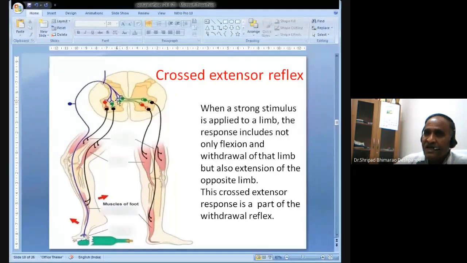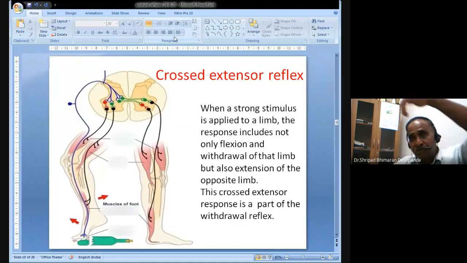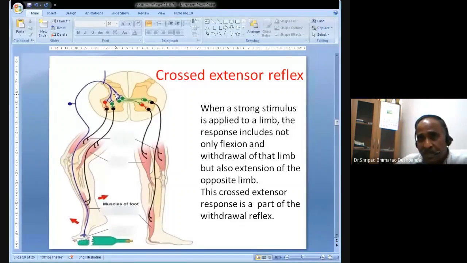Of course, these fibers go to the lateral spinothalamic tract and go up for pain sensation, but that's a different aspect. The collaterals reach the interneuron, so the muscle is activated here. This produces extensor muscle contraction on the opposite, contralateral side.